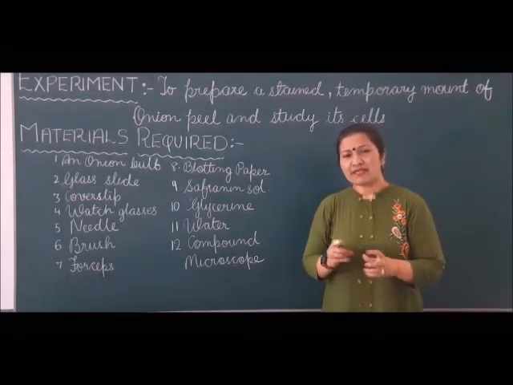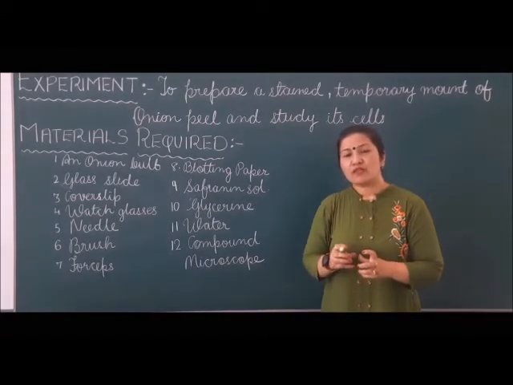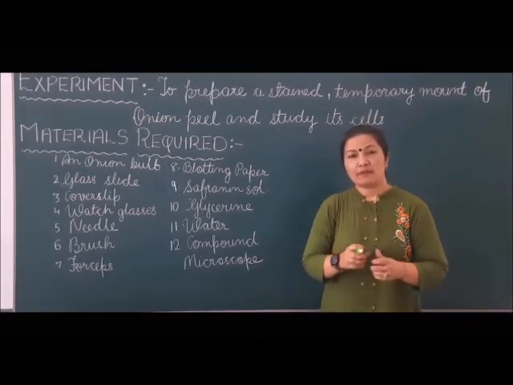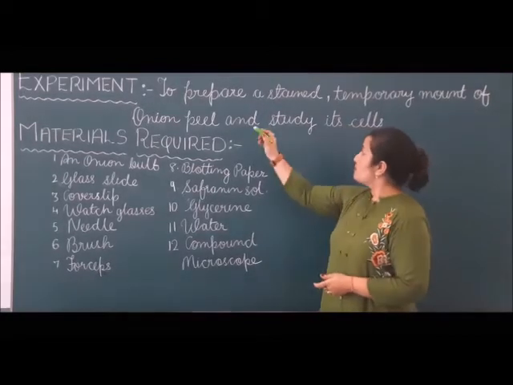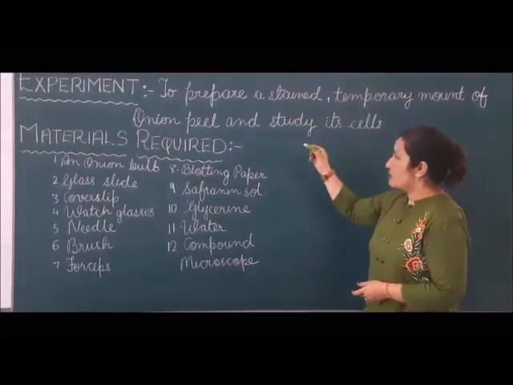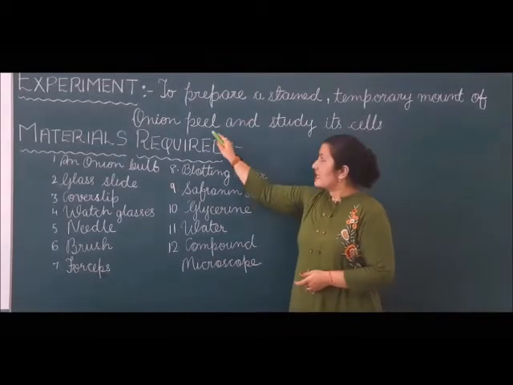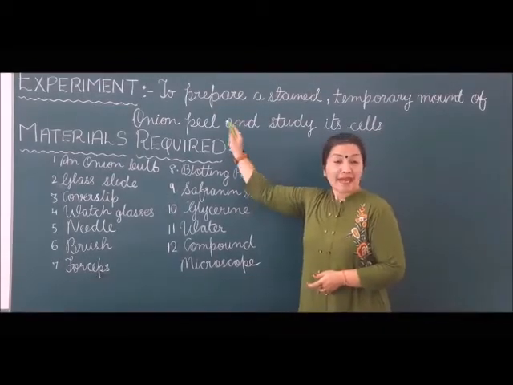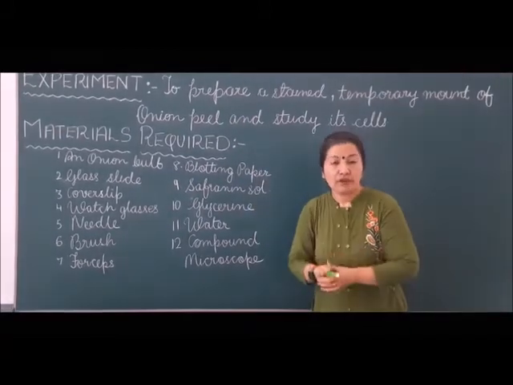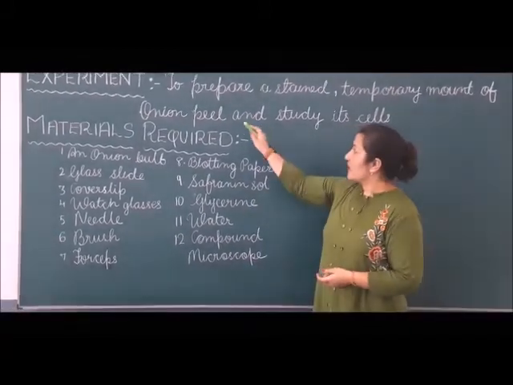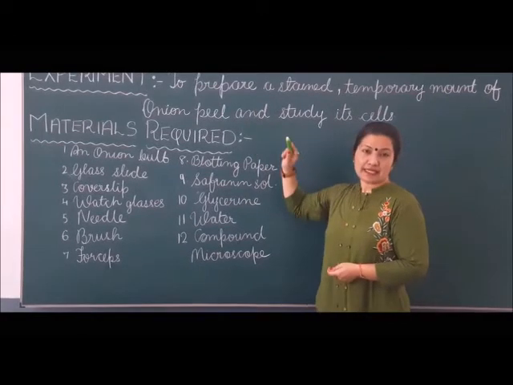So there are some distinctive features or organelles which are present only in plant cells. Now, as our practical is to prepare a stained temporary mount of onion peel, this onion peel is made up of plant cells only. So this we are going to prepare and study.